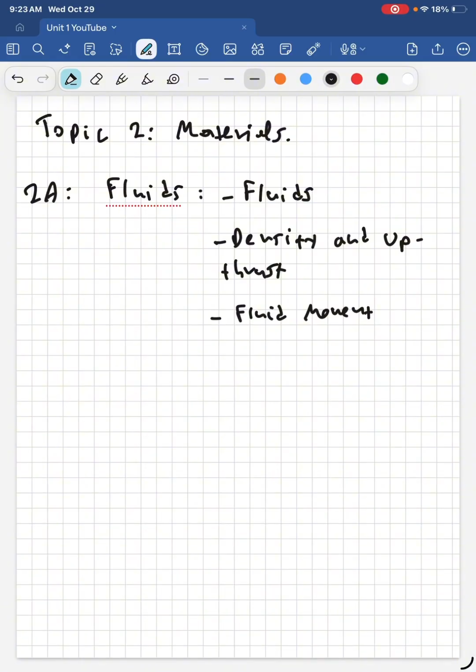Let me look into my book. It's not moment, it's movement. I was like, what on earth is fluid moment? It doesn't exist. So it's fluid movement. I'm sorry for this. And fluid movement is what we will discuss: laminar flow and turbulent flow, and the type of flows that liquids have. Okay, viscosity and terminal velocity.